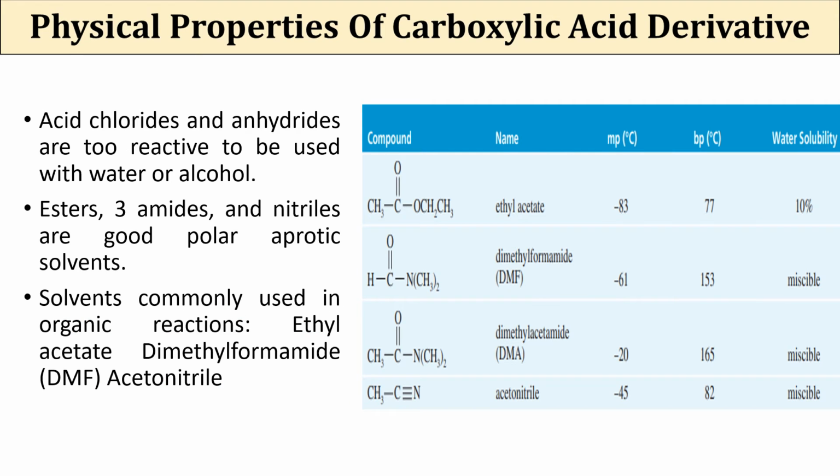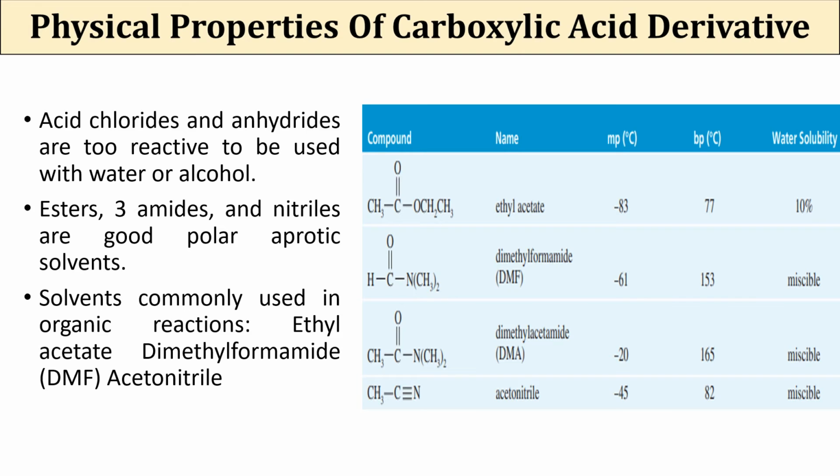Solubility. Acid derivatives, esters, acid chlorides, anhydrides, nitriles, and amides are soluble in common organic solvents such as alcohols, ethers, chlorinated alkanes, and aromatic hydrocarbons. Acid chlorides and anhydrides cannot be used in a nucleophilic solvent such as water and alcohol, because they react with these solvents.